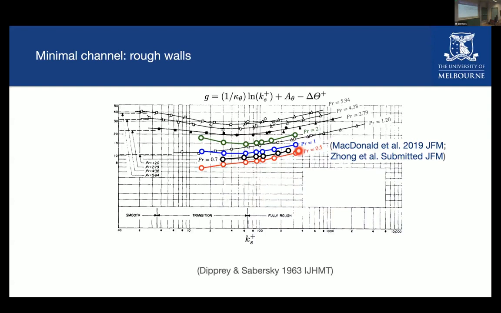So the blue one, Prandtl number is 1, and then existing data here will be Prandtl number 1.2, and then after that, Prandtl number 2. Okay, so it is encouraging, but we need to do more, I guess.